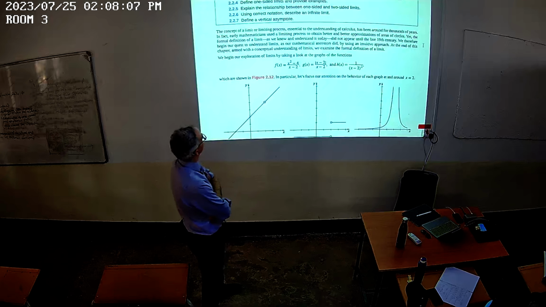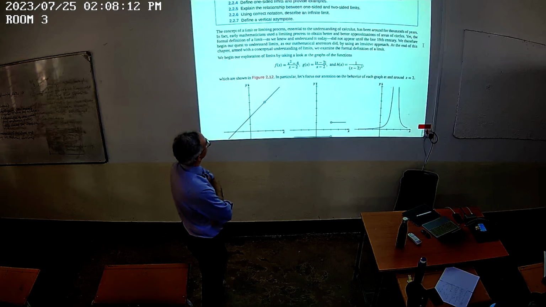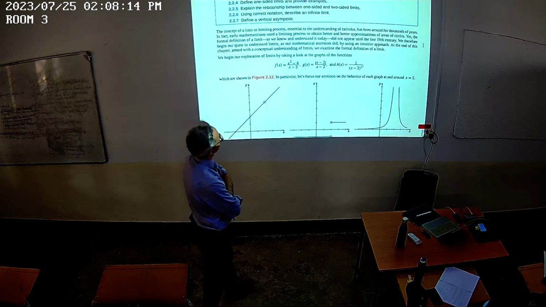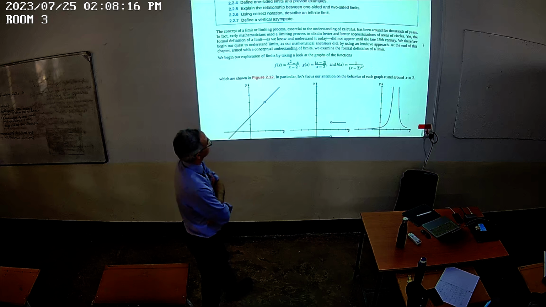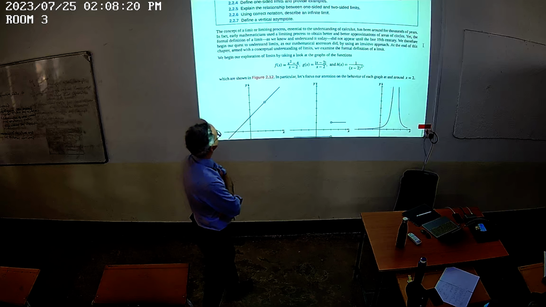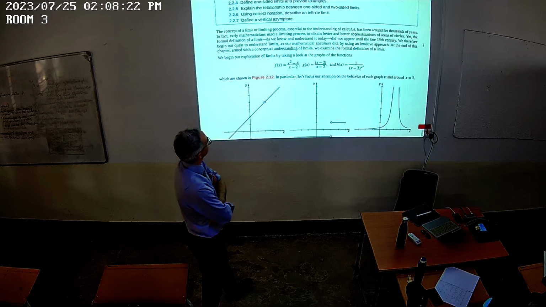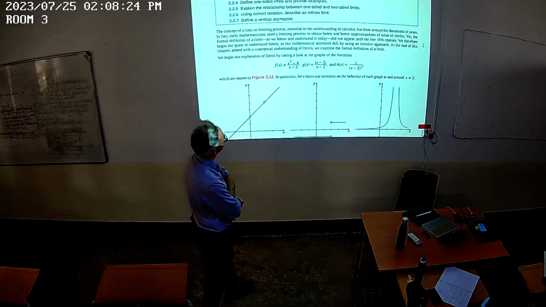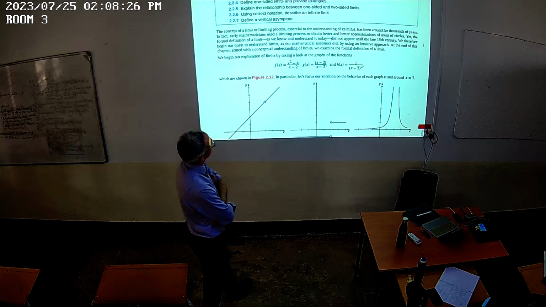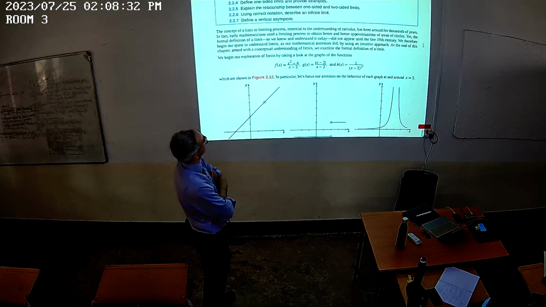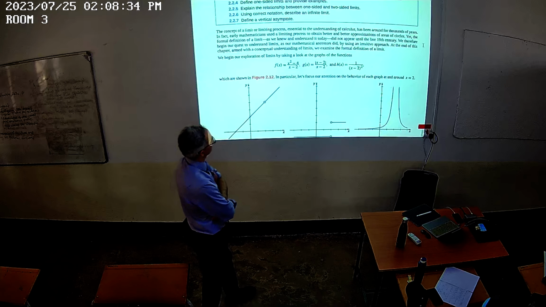The concept of a limit, or limit interval, essential to the understanding of calculus, has been around for thousands of years. In fact, early mathematicians used a limit process to obtain approximations of areas of curves. Yet the formal definition of a limit, as we know and understand it today, did not appear until the late 19th century.